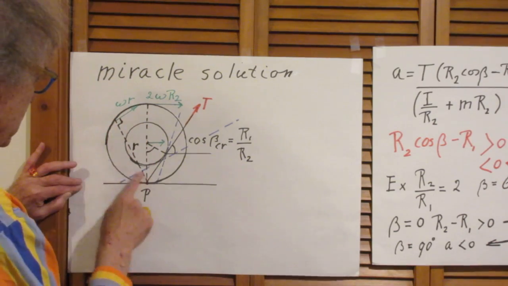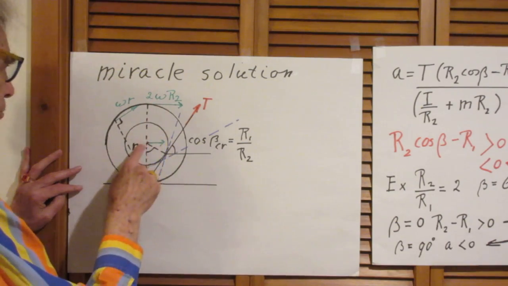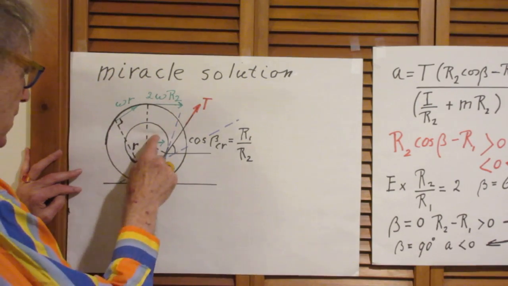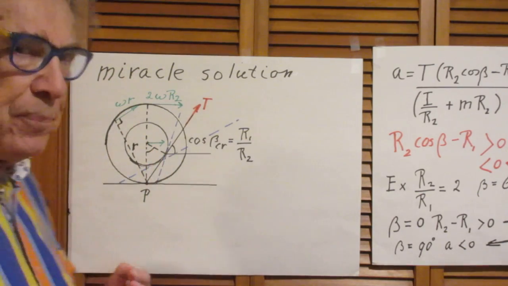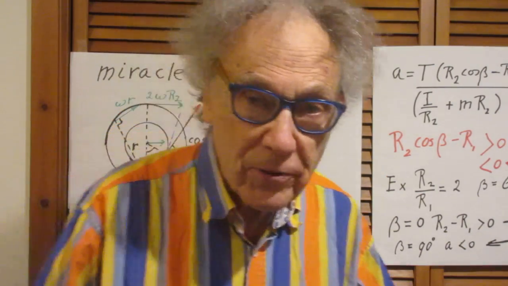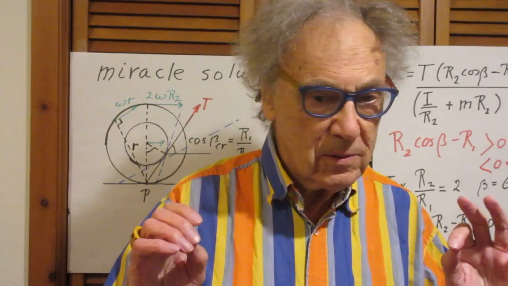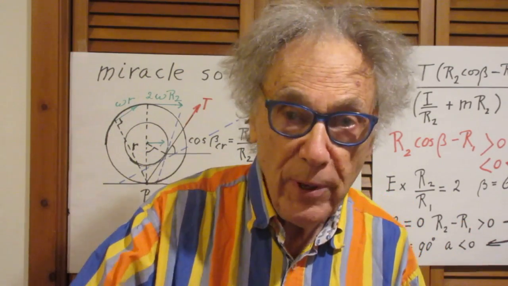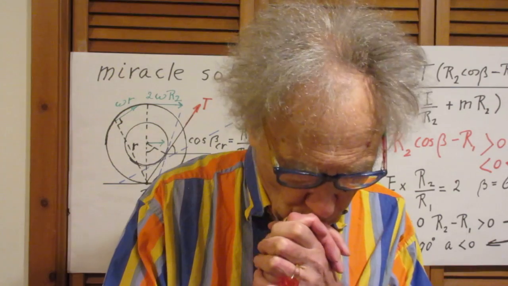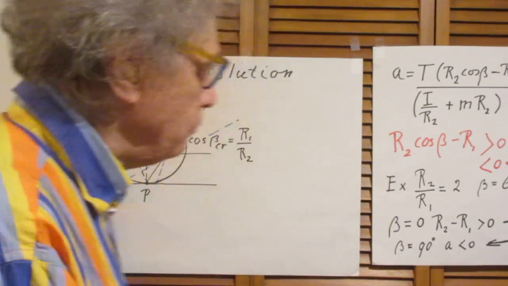You can pick any point; it doesn't have to be at the circumference. It could be here, here, or there. The concept is that its linear velocity is always omega times the distance from point P to that point. So I'm going to use that for my miracle solution.